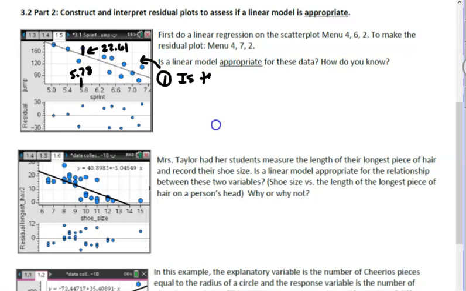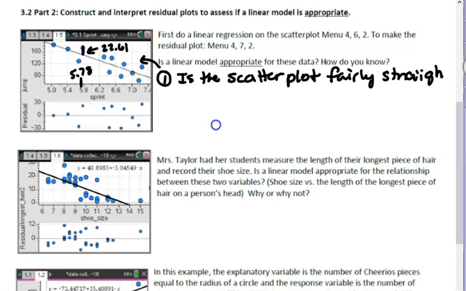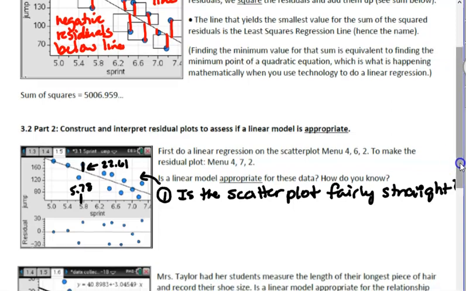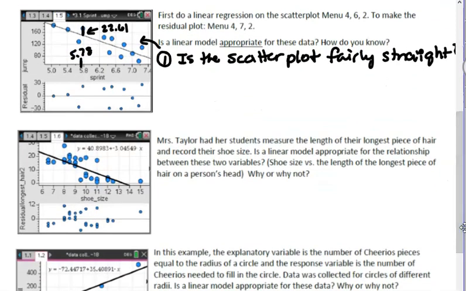Is the scatter plot fairly straight? And you might say, why didn't I say, is the scatter plot fairly linear? The reason is I graded a problem one year in AP Stats where you were supposed to answer basically, is a linear model appropriate for the data?